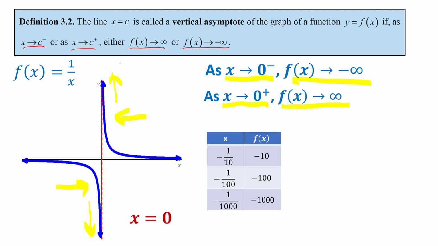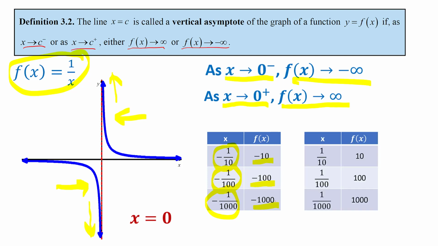Looking at some specific values for x on the negative side of 0, if we start with x equals negative 1/10 and we get closer to 0 coming in from the left side, we go to negative 1 over 100 to negative 1 over 1000. We can plug these values into f of x, and we can see that y is going to go from negative 10 to negative 100 to negative 1000, indeed approaching negative infinity.